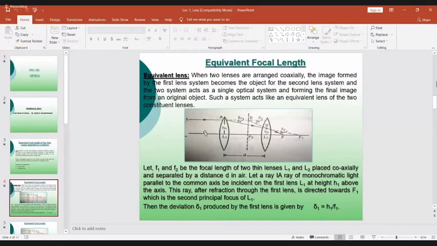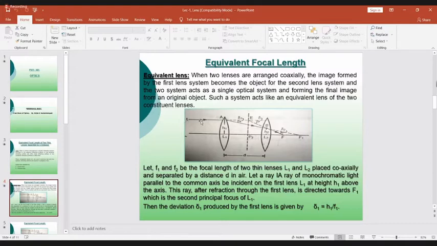We know that in case of a convex lens, when the ray is parallel with the principal axis, after refraction through the lens it coincides with the principal axis, and that intersection point is our focal point.